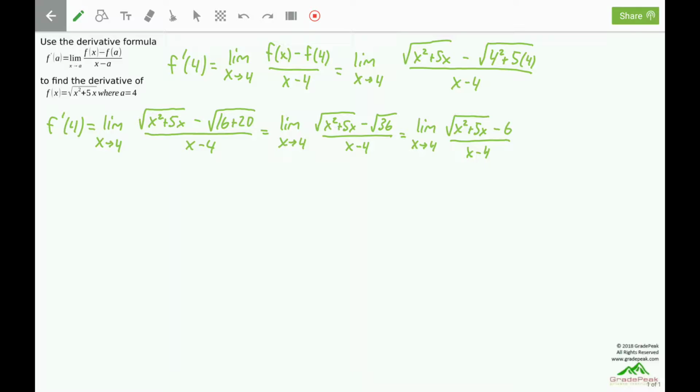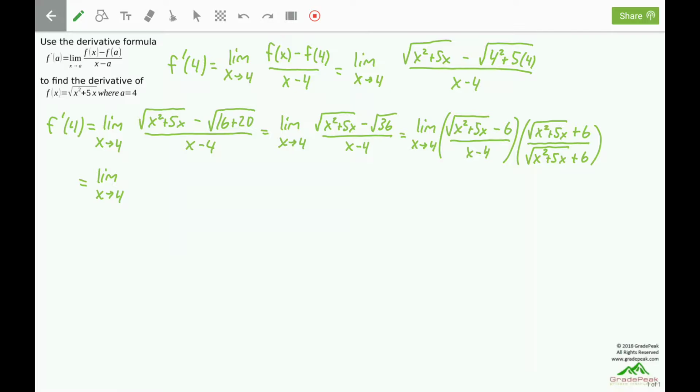We haven't done anything to change that just yet, but we have a root combination in the numerator, and we can therefore multiply the numerator and denominator by a root conjugate, so that we can attempt to remove the 0 over 0 indeterminate form. Now we're going to put the root conjugate over itself so that we have a form of 1. And as always with a root conjugate, we're going to only FOIL out the conjugate pairs.